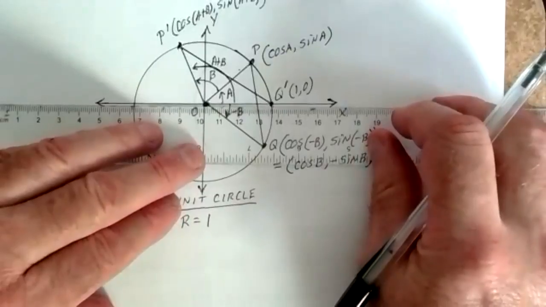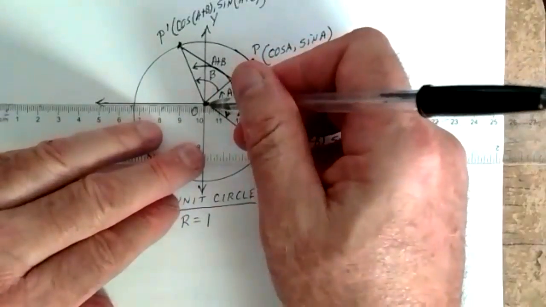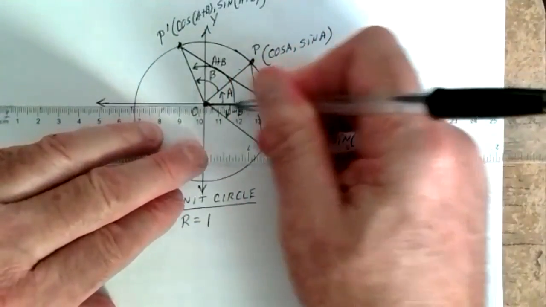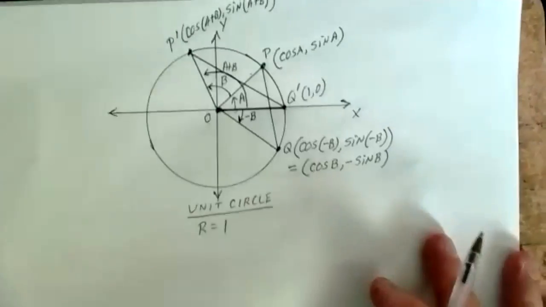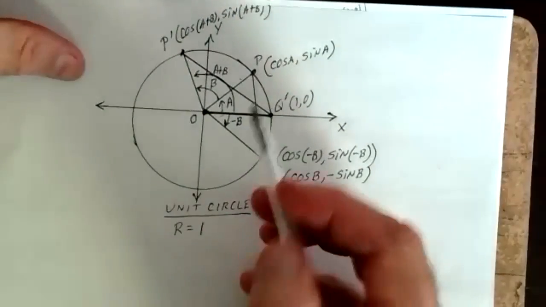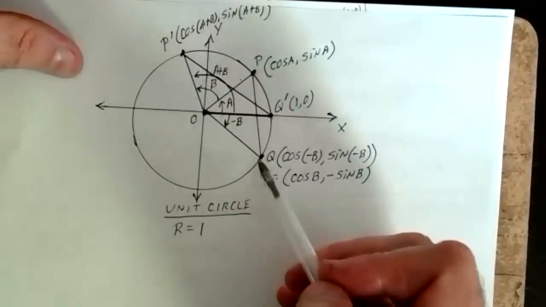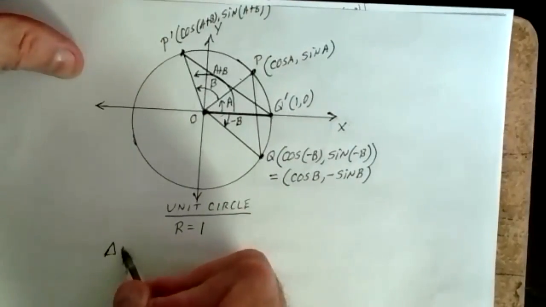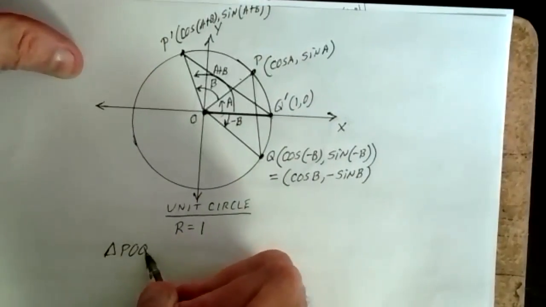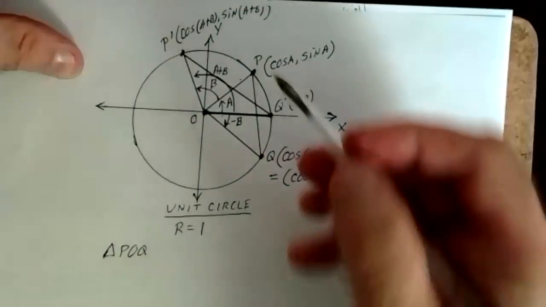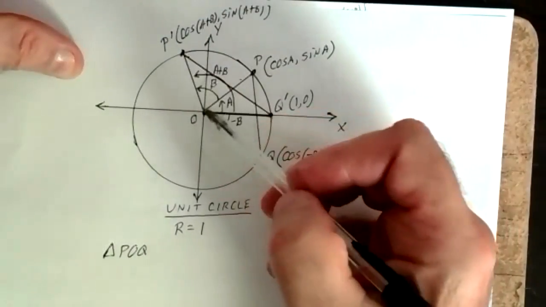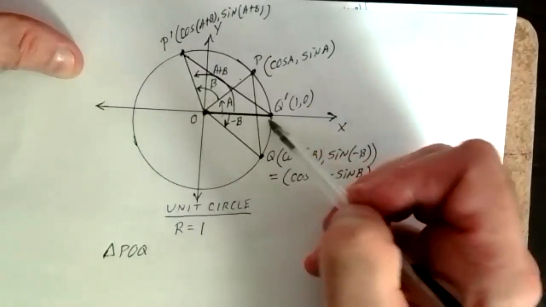And so now we have another triangle. So ladies and gentlemen, we got two different triangles in this picture here. We have the triangle POQ, and we got the triangle P prime O Q prime.